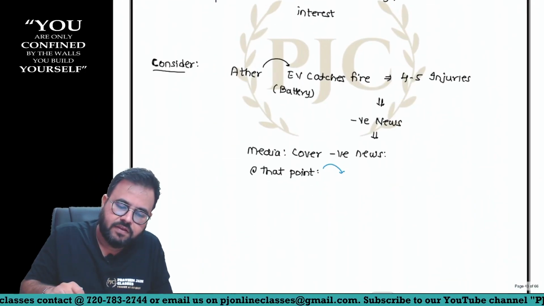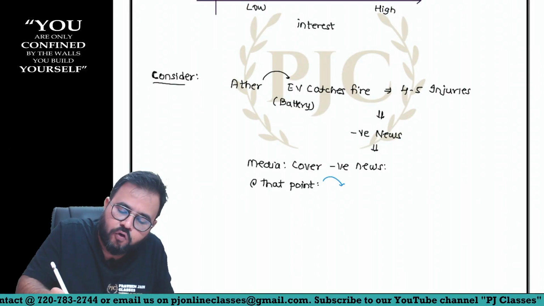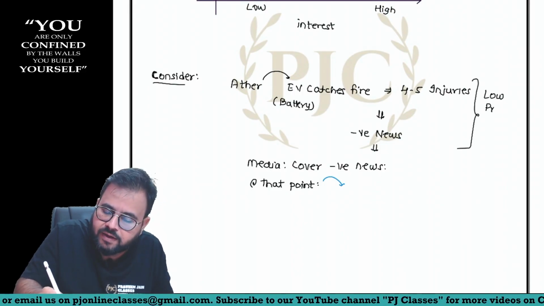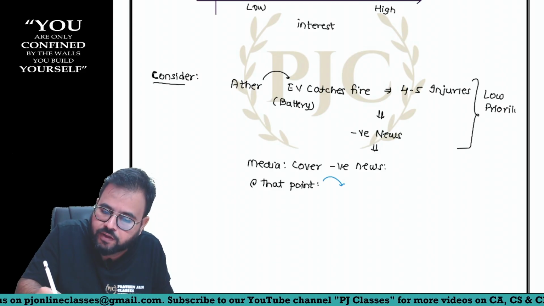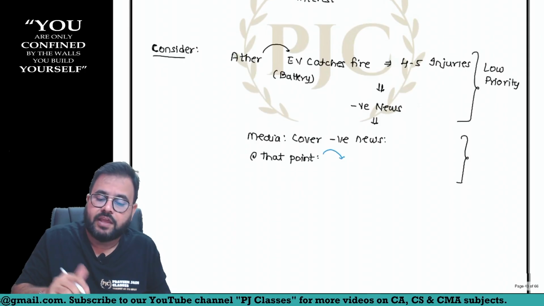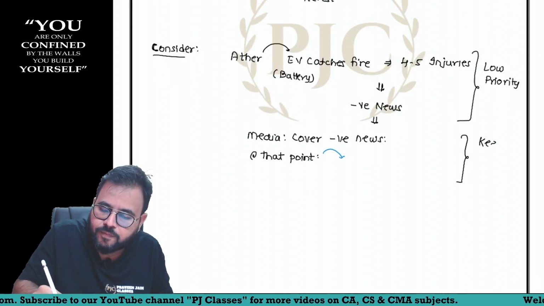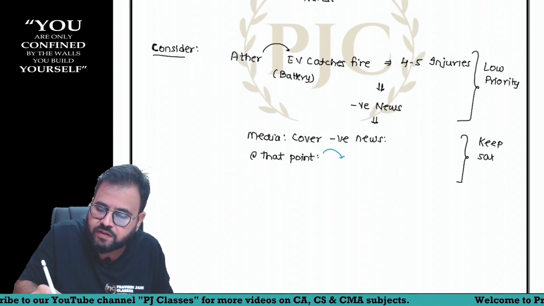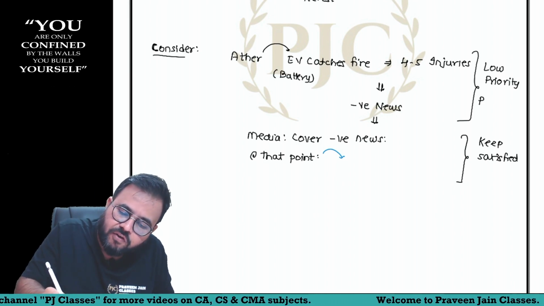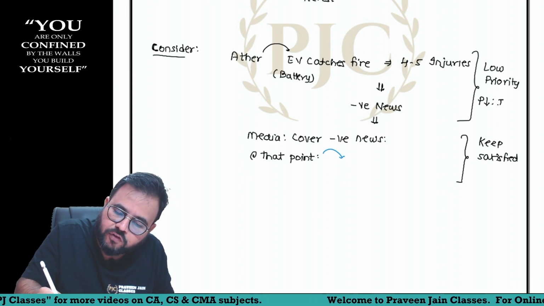That means earlier media house people were low priority. Earlier they were a low priority stakeholder. From low priority stakeholder, they have come to keep satisfied. Meaning earlier power was low and interest was also low.